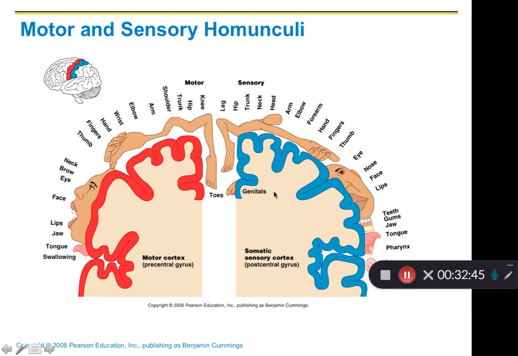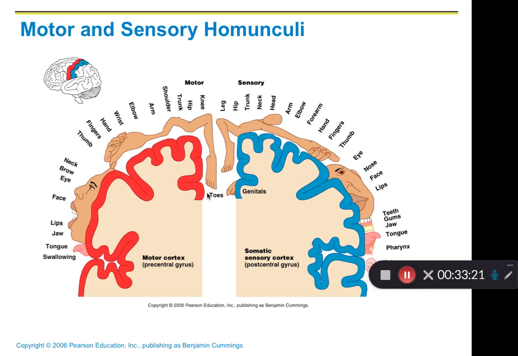This is also the parietal lobe. More regions of the parietal lobe innervate the hands, feet, and genital organs. The reason for this phenomenon is that there are more sensory receptors in the hands, feet, and genital organs, so these organs need more neurons for innervation.